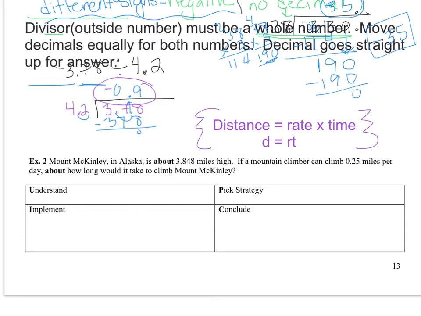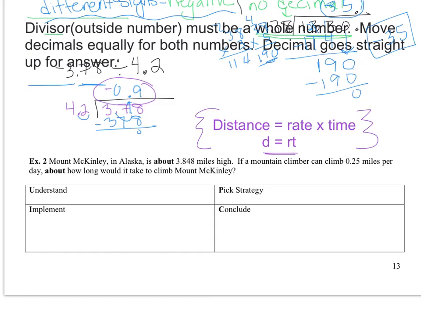So distance equals rate times time, which mathematicians, being lazy, just made it d equals RT. Growing up, I always thought of this as the dirt formula, because when I look at that, I see the word dirt. So that's how I've never forgotten it, and it's come in very handy. So write that down so that we can use it on our problem today.